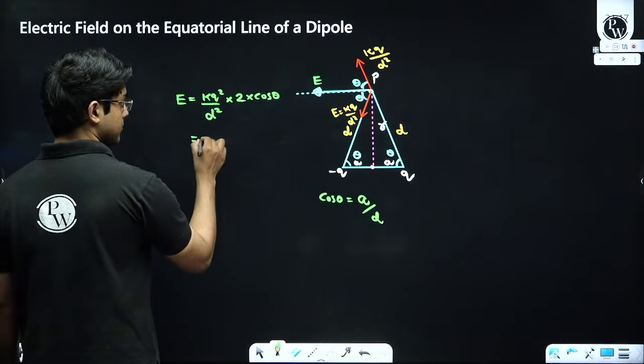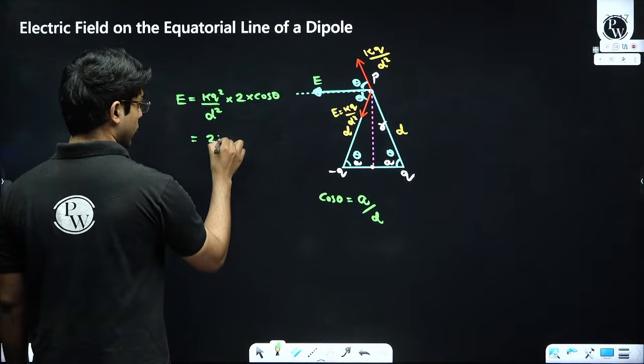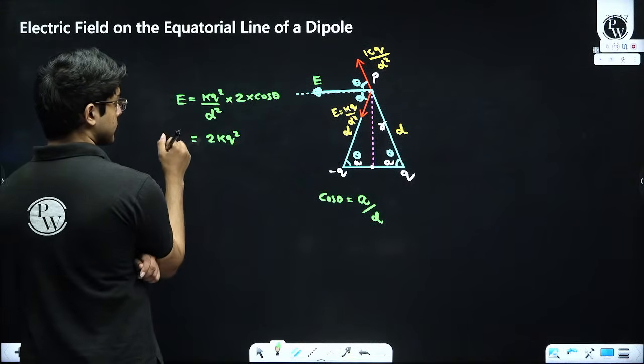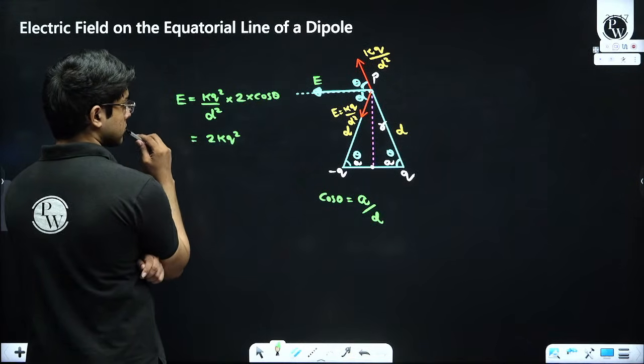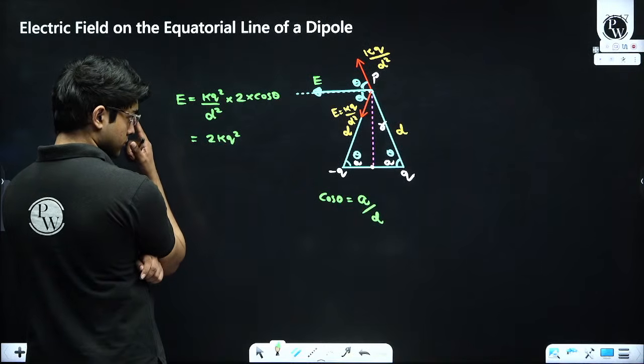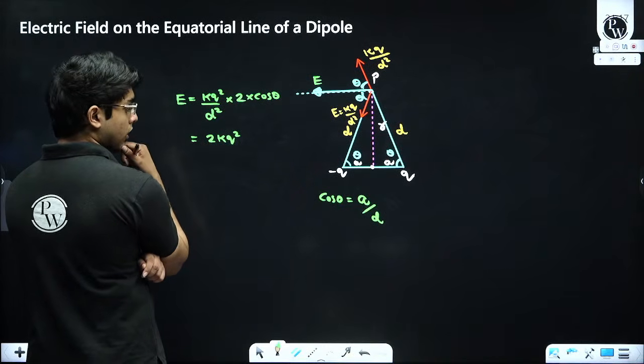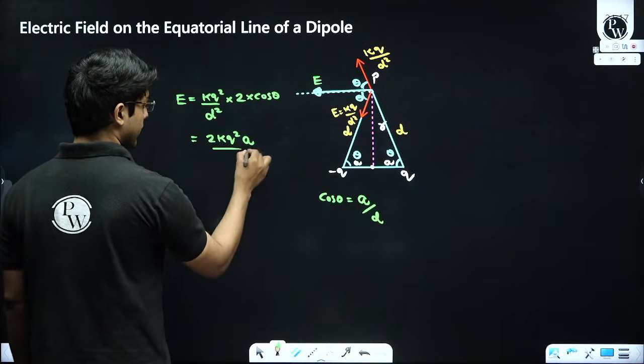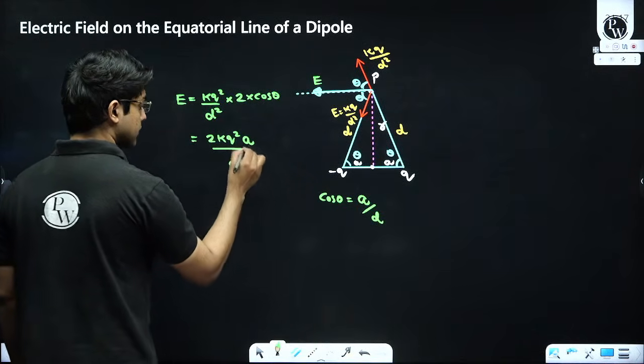So this will be 2kq square into a divided by d cube, right?